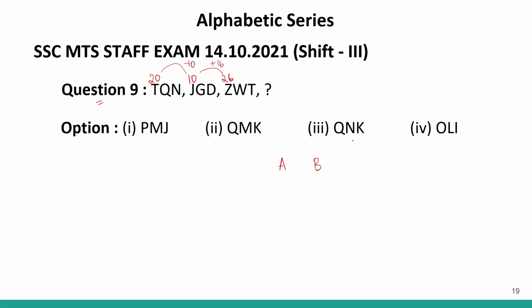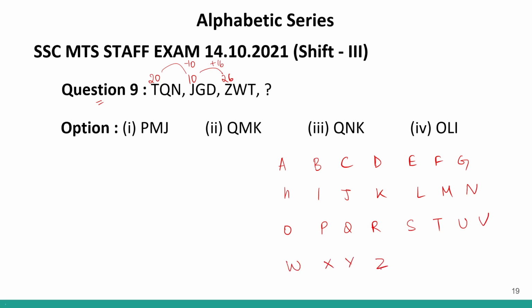So I am writing my alphabets. A, B, C, D, E, F, G, H, I, J, K, L, M, N, O, P, Q, R, S, T, U, V, W, X, Y and Z. So this is how I am writing. Now from J, if I go backwards, instead of going forward, I am going backwards.